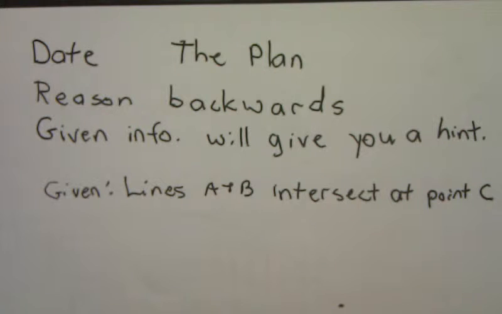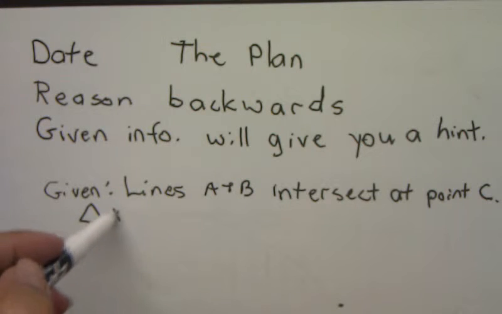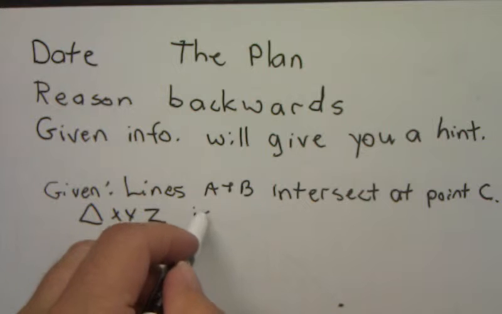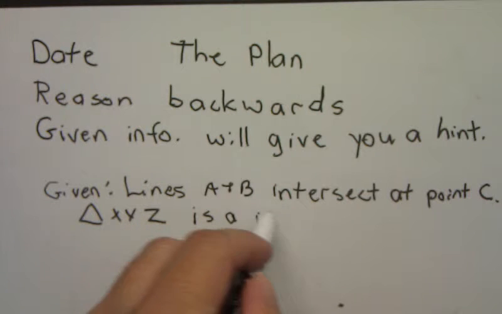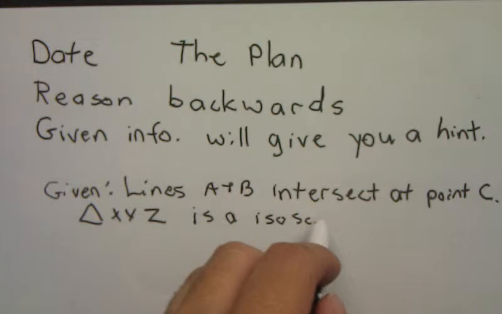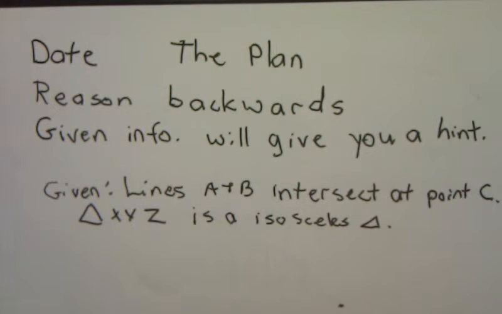They intersect at point C, and it says triangle XYZ is an isosceles triangle. Let's start with the first piece of information.